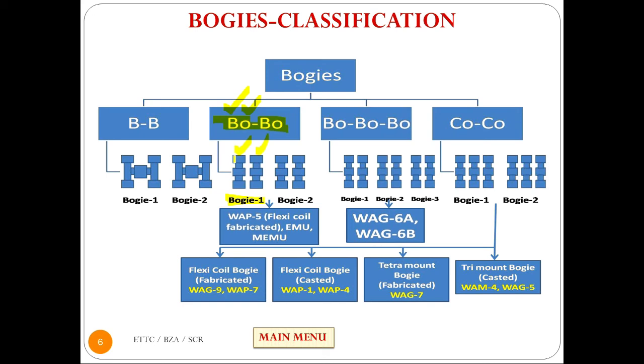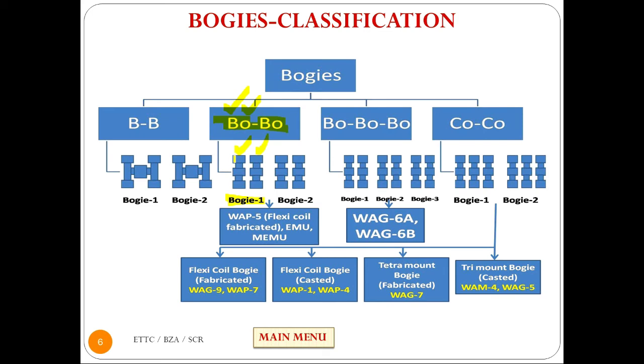It means that on each axle one traction motor is provided, and the traction motor independently drives that particular axle. Similarly, in this loco another BO bogie is provided, which has two axles, and each axle has an independent drive mechanism.